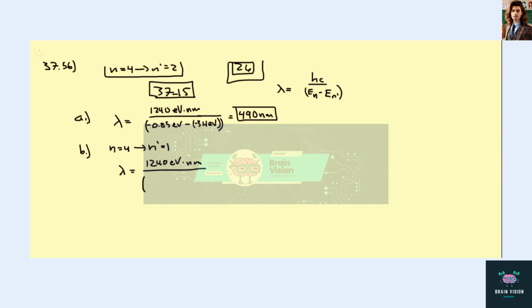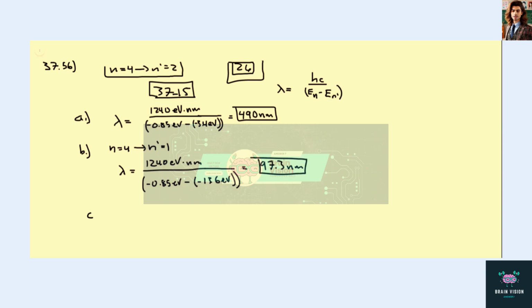Now E4, the energy of the fourth level, we already said was negative 0.85 electron volts, and the energy of the first level is negative 13.6 electron volts. If we plug this in, we get a wavelength of 97.3 nanometers.